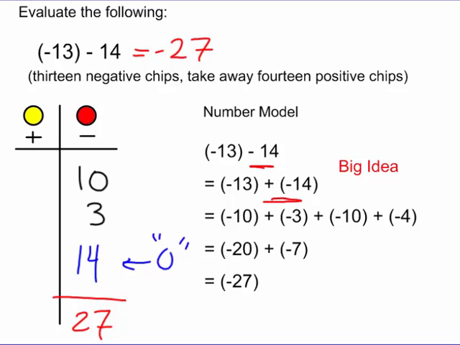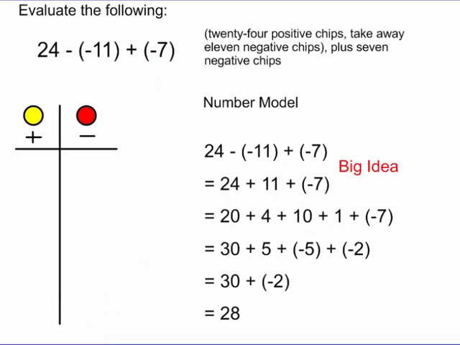So you'll see that negative 13 becomes negative 10 and a negative 3. The negative 14 becomes a negative 10 and a negative 4. If I collect my negative 10s together, I end up with negative 20. If I collect my 1s together, I have negative 3 and negative 4 together to make negative 7, and then I can bring those both together at the end for the same answer of negative 27.